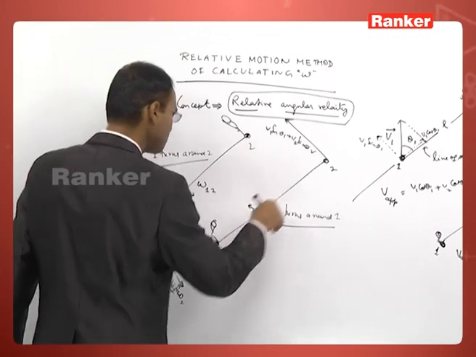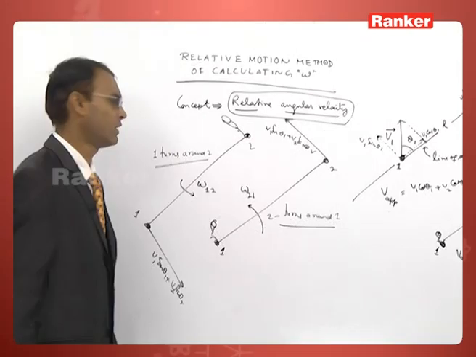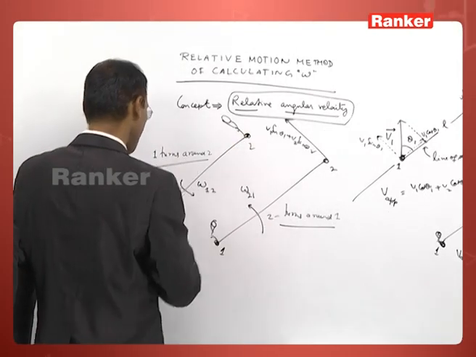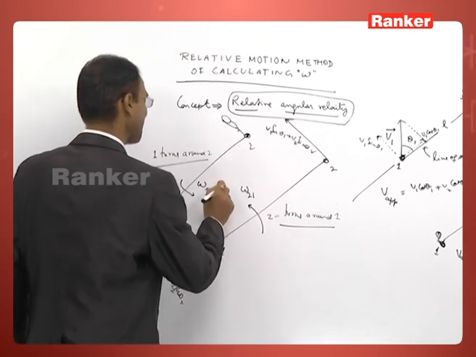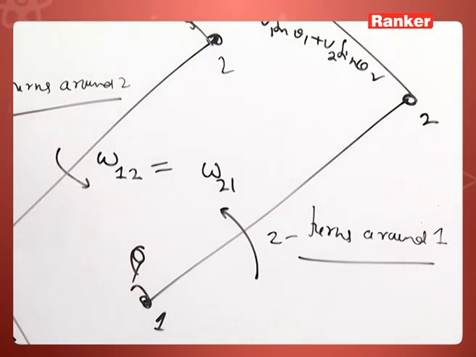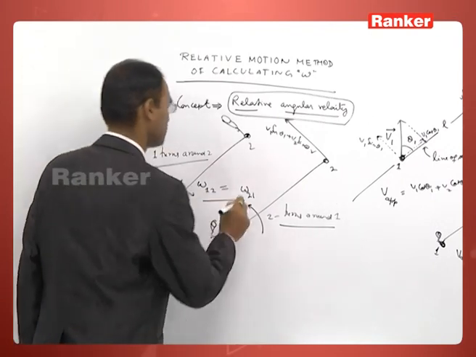Angular velocity of 2 with respect to 1 is given as omega 2 1. Angular velocity of 1 with respect to 2 or 2 with respect to 1, they are exactly equal. I am going to prove it.